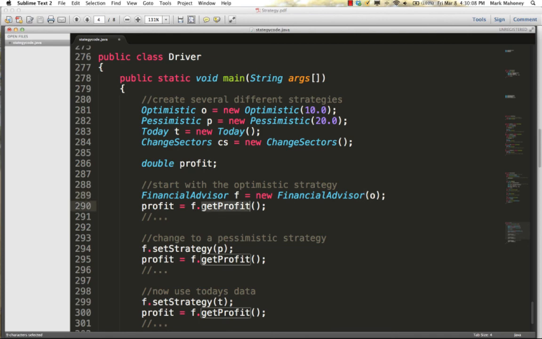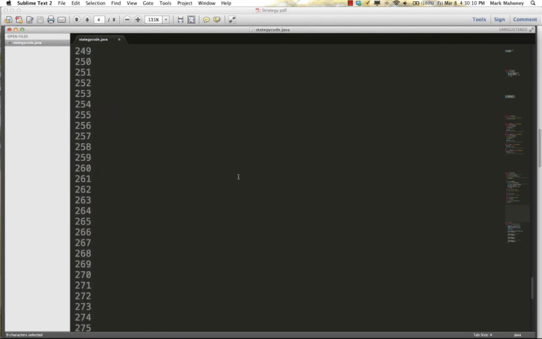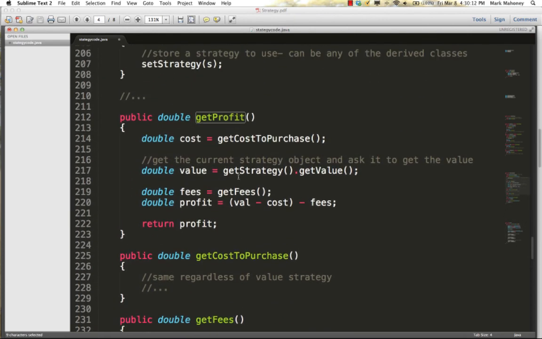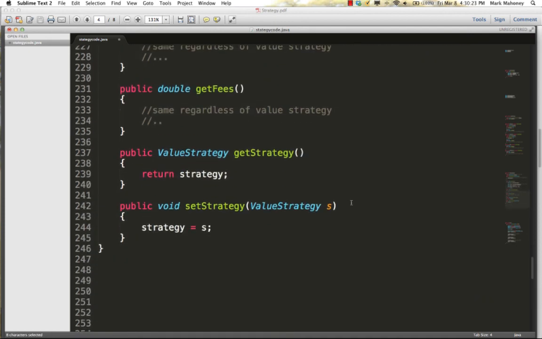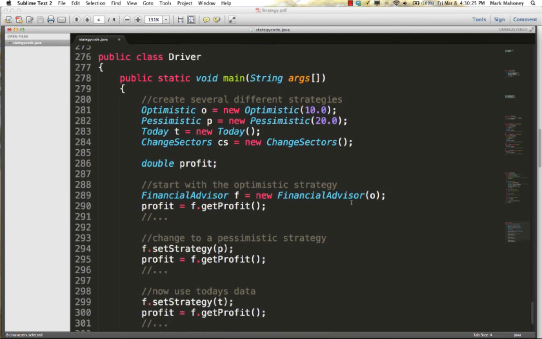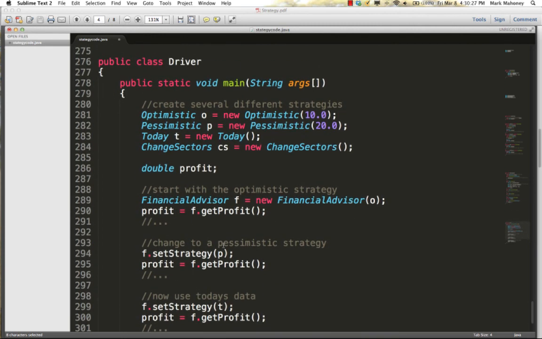And when we say f.getProfit, we're going to go to the FinancialAdvisor's getProfit method, and the current strategy is going to be that Optimistic type. So when we get the value, we're going to increase the current values by 10%. Then we can change to a Pessimistic strategy just by passing in a new strategy object. p is the Pessimistic one.